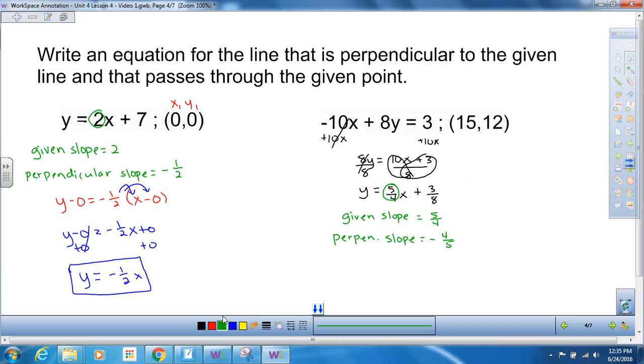Okay, and then I'm going to write it in point-slope form. So I need my given point now. So y minus 12 equals negative 4/5 x minus 15. And then to put it in slope-intercept form, we will distribute.